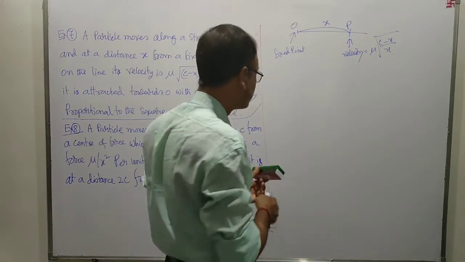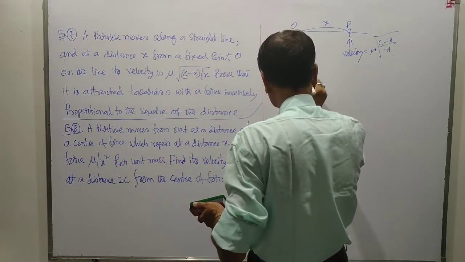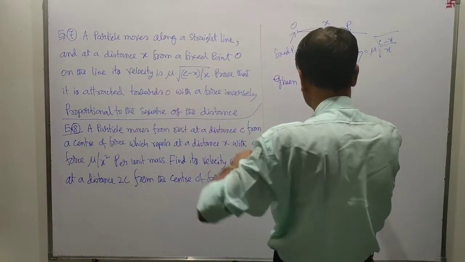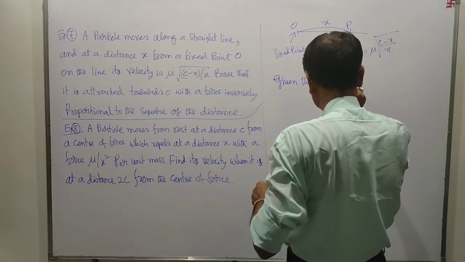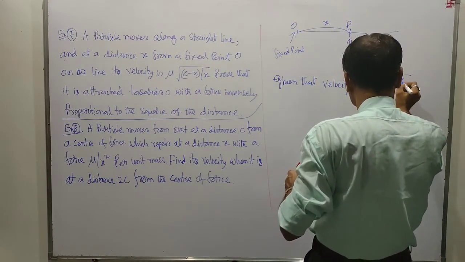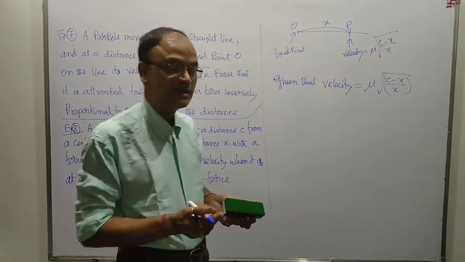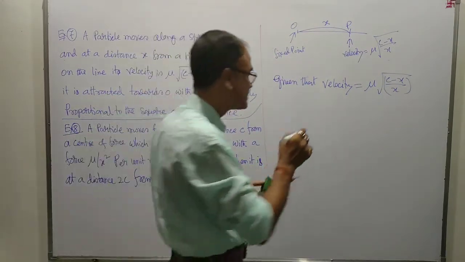Let us try to solve this problem. Given that velocity is equal to mu times the square root of c minus x divided by x.